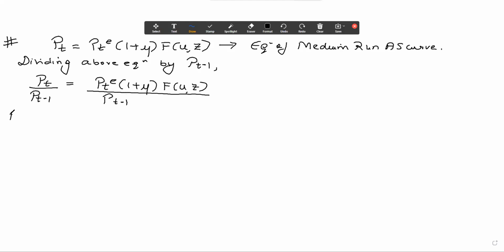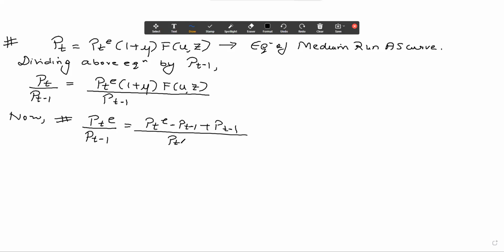Okay. Now, guys, how can I write Pt upon Pt? So look at this. I can write Pte upon Pt minus 1 as Pte minus Pt minus 1 plus Pt minus 1 upon Pt minus 1.